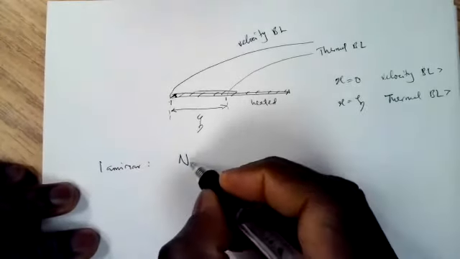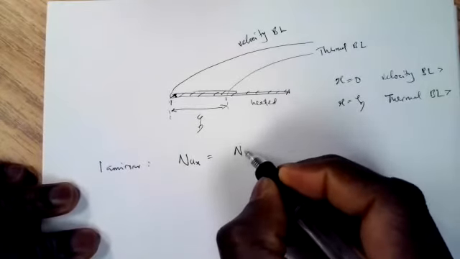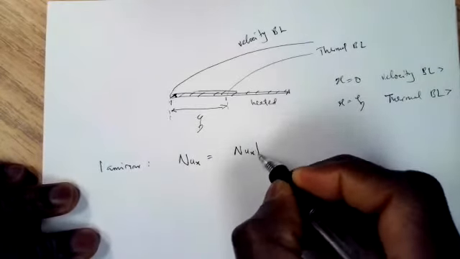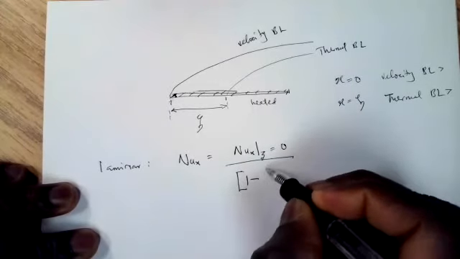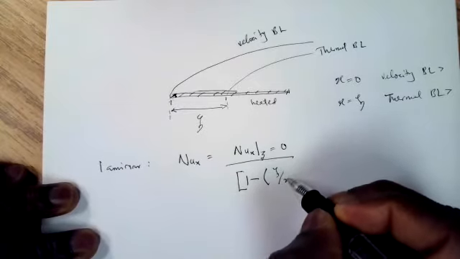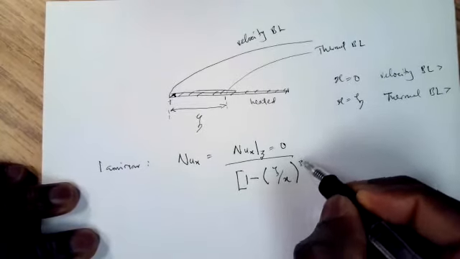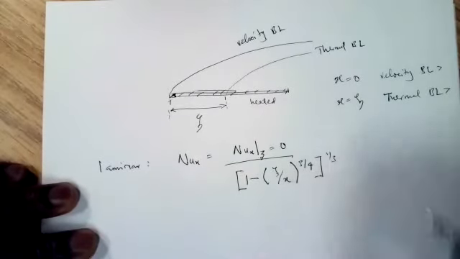So the Nusselt number for this region is given by Nu at x, where this is equal to the Nusselt number at zeta equals 0, divided by 1 minus the value here over x raised to power 3 over 4, all this raised to power 1 over 3.